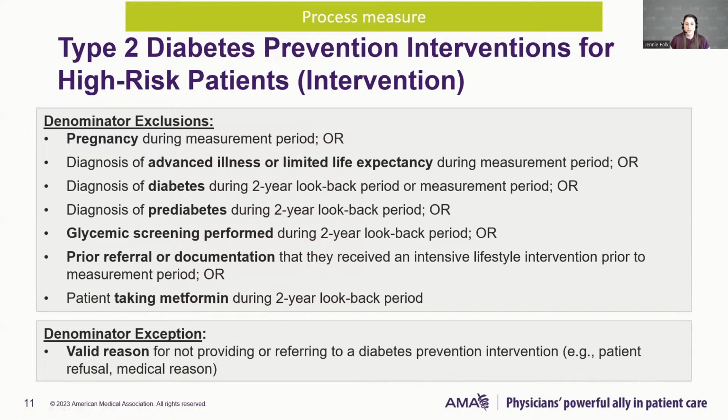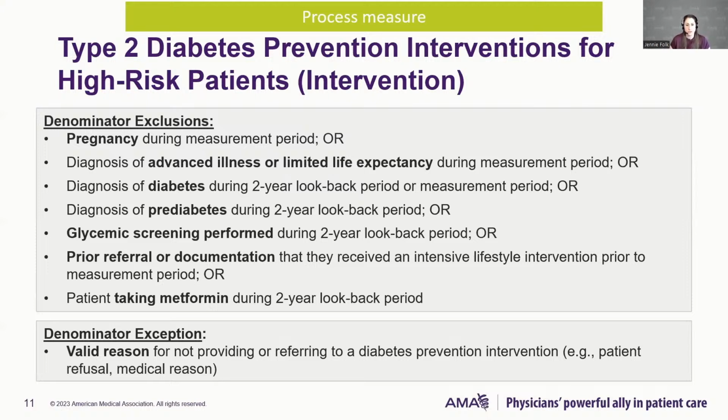There are several denominator exclusions for the intervention measure. Most are the same as the screening measure: pregnancy, or a diagnosis of advanced illness or limited life expectancy, or a diagnosis of diabetes or a diagnosis of prediabetes during the 2-year look-back period, or patients with a glycemic screening test performed during the 2-year look-back period.